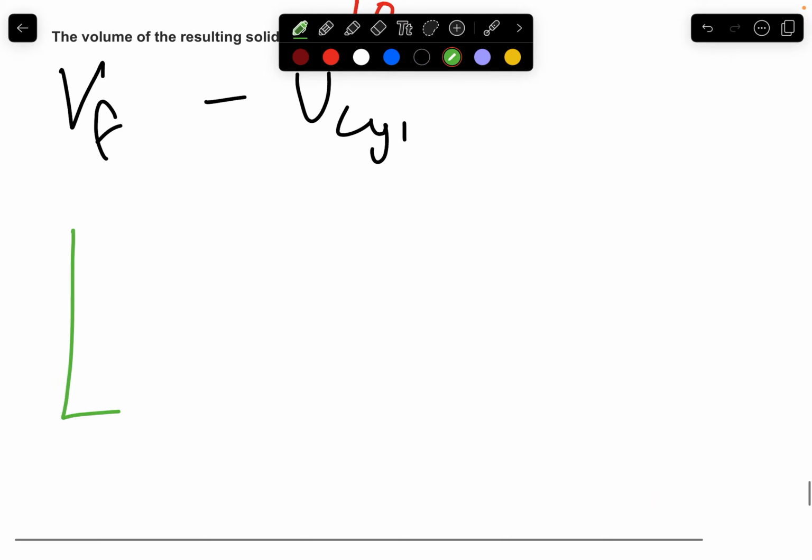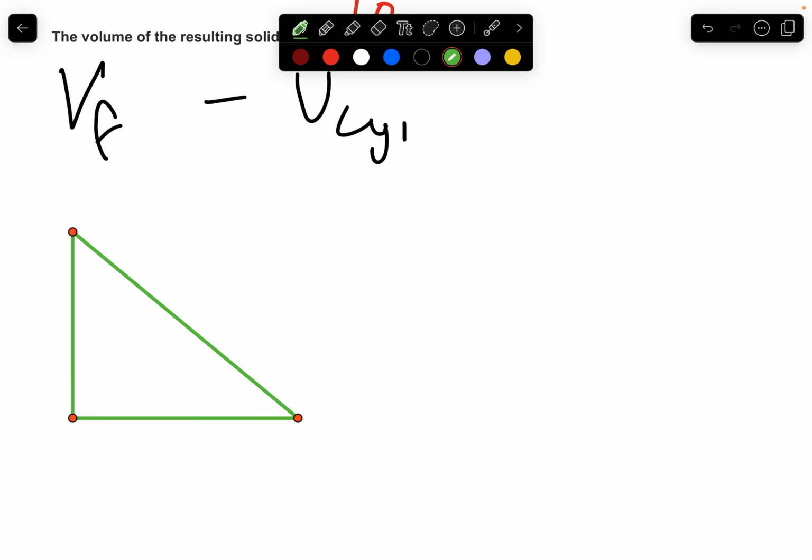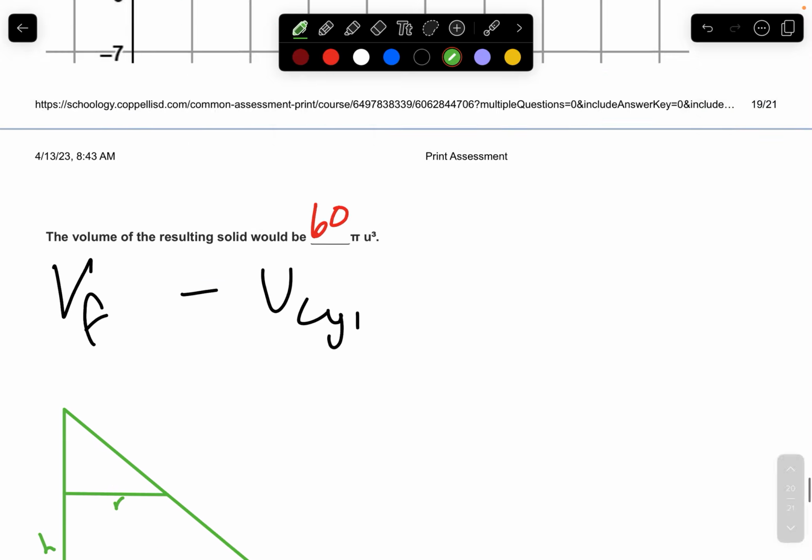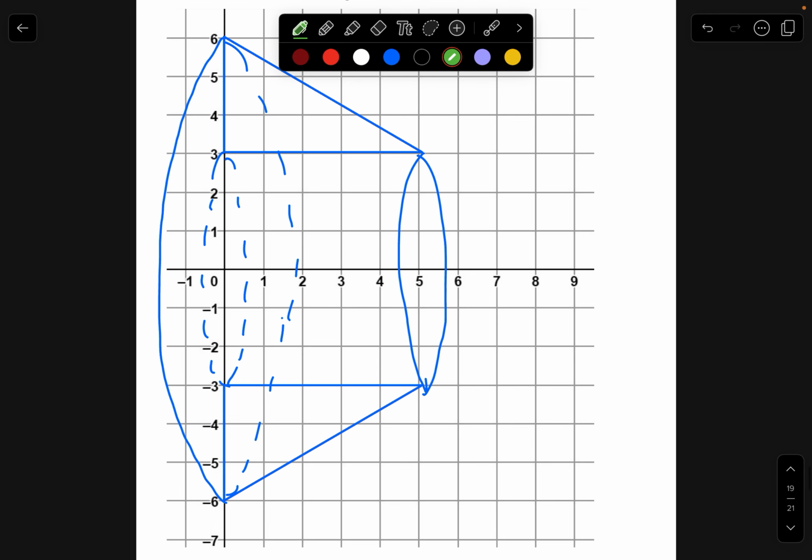Every frustum, we draw this right triangle with a bar. This represents little radius, big radius, and height of the frustum. We need to get those numbers. So looking at this shape, it's kind of messy, I know. But the big radius, let's use an easier to see color. The big radius would be this number, 6.